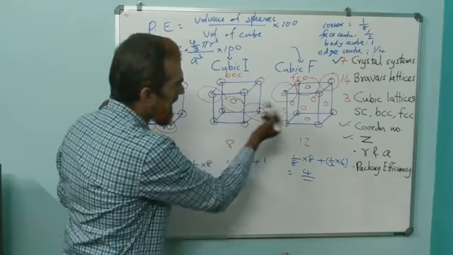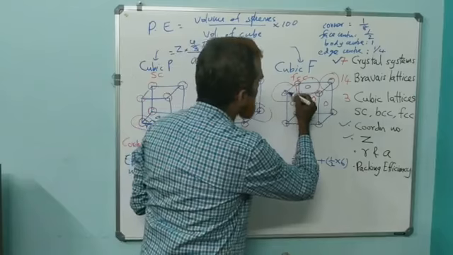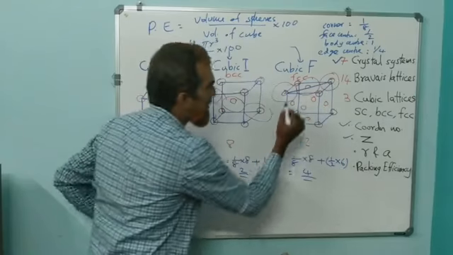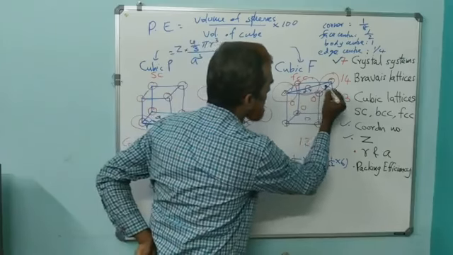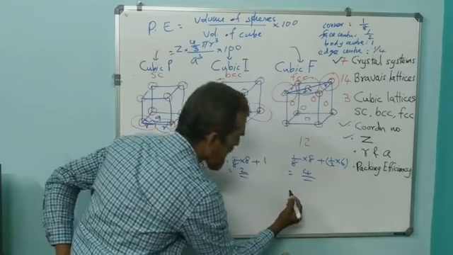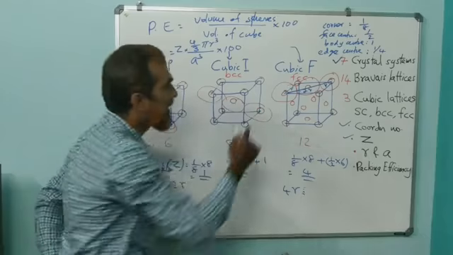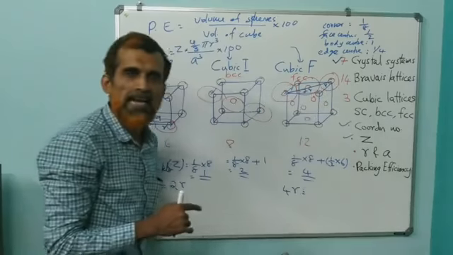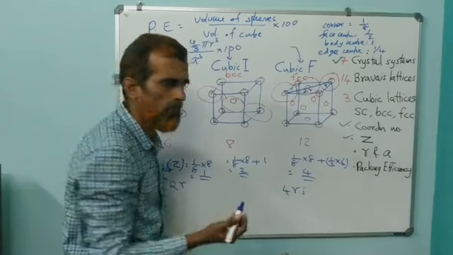Now, coming to the relation between R and A, let's go to FCC first. You can see the particles are touching along the face diagonal. Let me mark it. This is R, this is 2R, and this is R. So the relation is 4R equal to the face diagonal. What is the diagonal of a square face? You get it from mathematics.